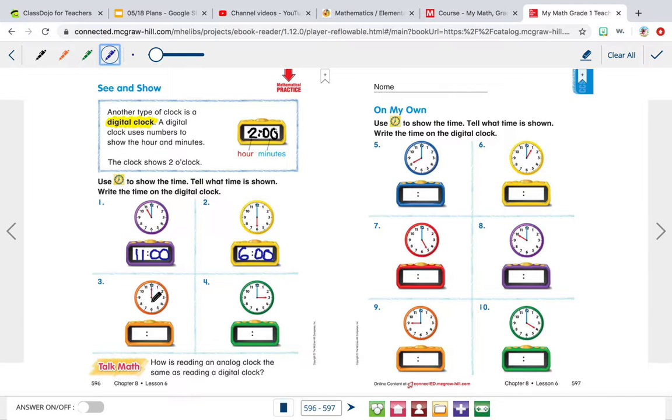Now look at this, my friends. The minute hand and the hour hand are on 12. These mean two different things. You may say, Miss Chacon, but when the hand faces the 12, that means 0, 0. That's true of the minute hand. So we're going to do the minute hand first. See this blue right here, the blue minute hand. It's facing 12, so we're going to put 0, 0. But I'm not going to put 0, 0, 0, 0. That's not what we're doing. We're going to look at the hour hand now, and the hour hand is facing the 12, so it is 12 o'clock.